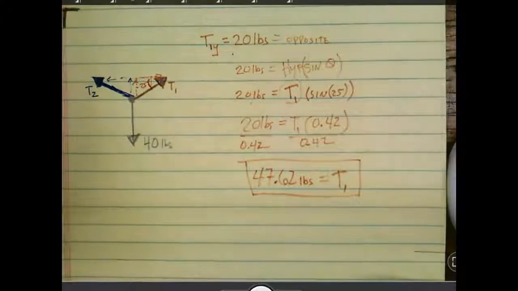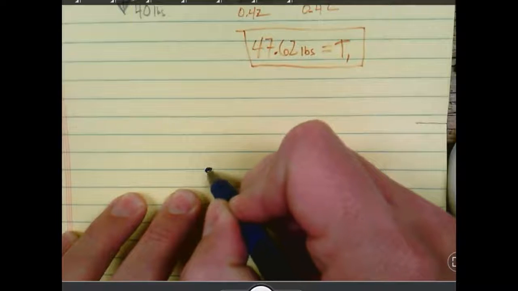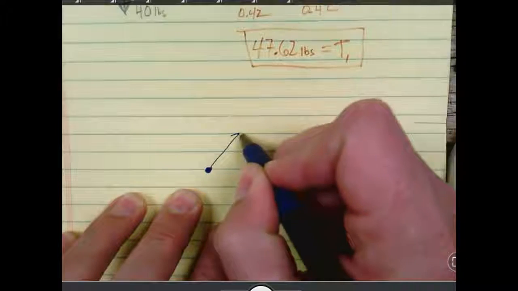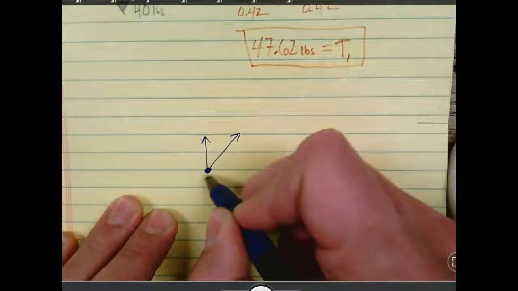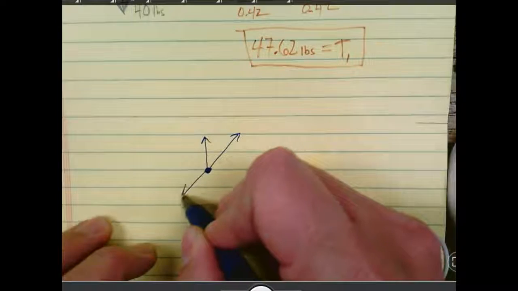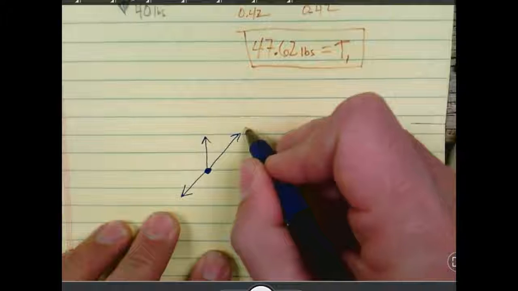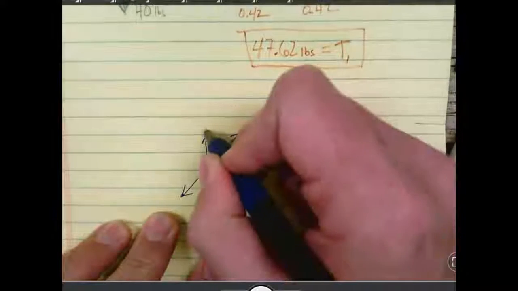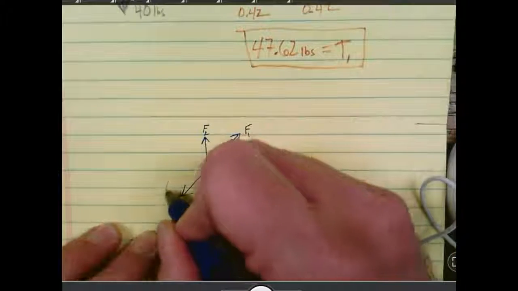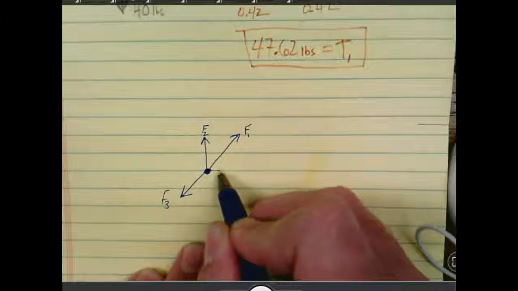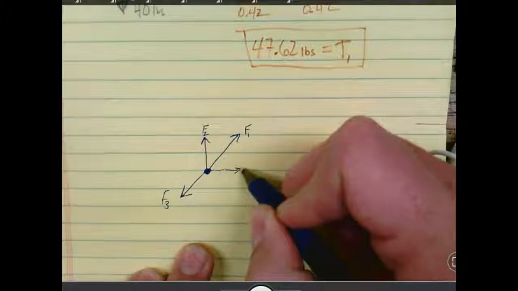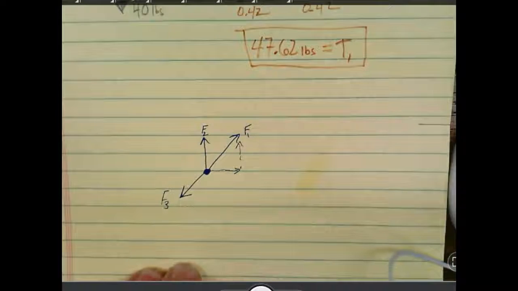Now, for the other homework problem, I'll just give you a jump start on that since you made it this far. If you have three vectors, depending on which class you're in, they have different ones, but I'll give you the same idea. If this is F1, F2, and F3, F1 has an X component and a Y component.